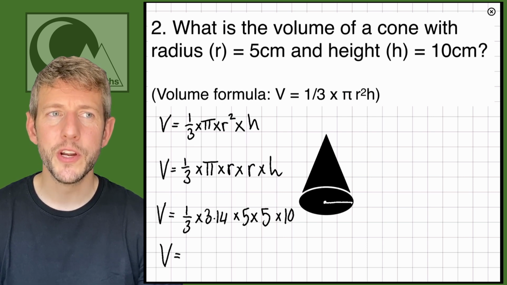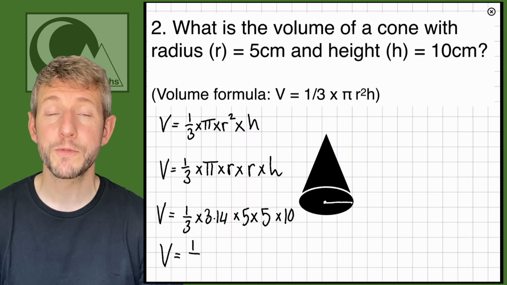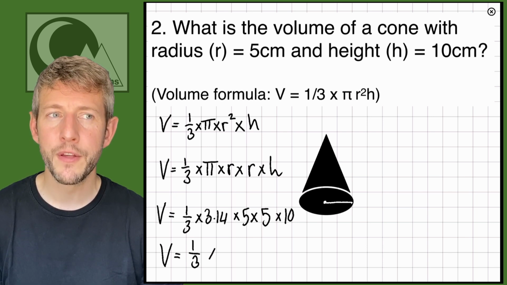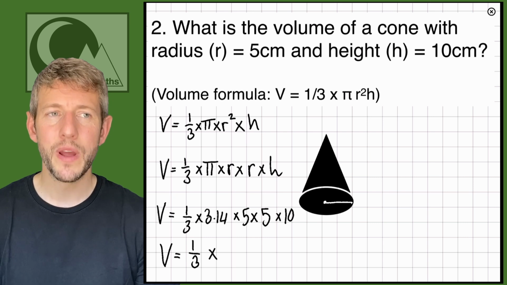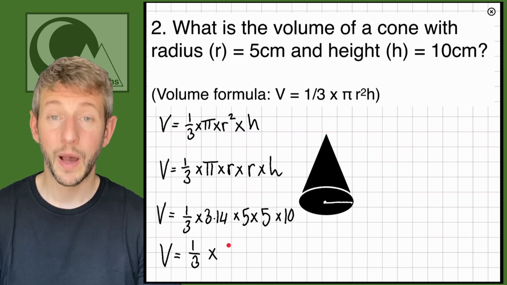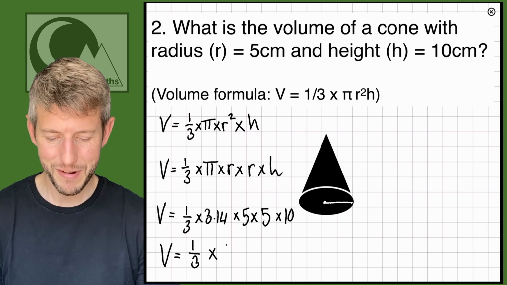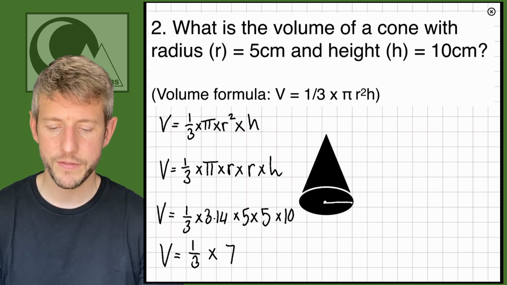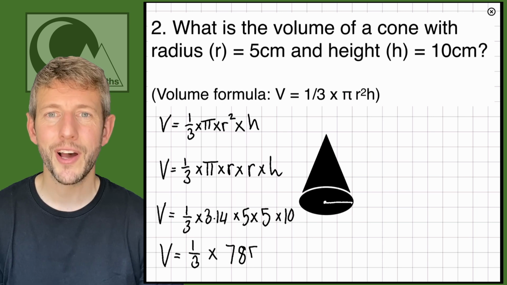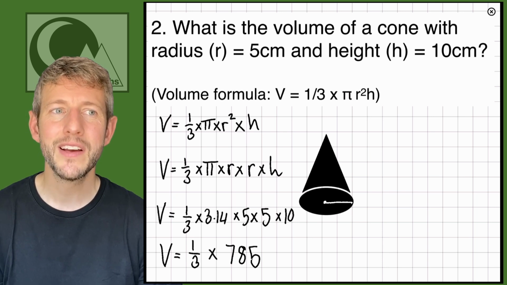Now, I'm going to do the pi times 5 times 5 times 10 first. And then we're going to think about the times a third. So I'm doing this on my calculator, by the way, 3.14 times 5 times 5 times 10, that's going to equal 785.